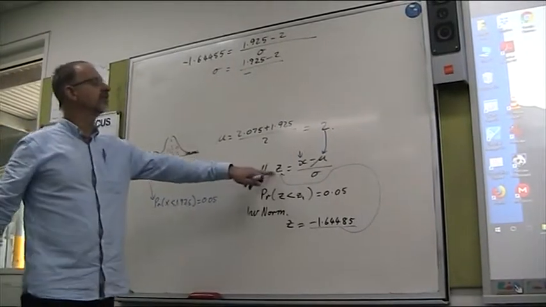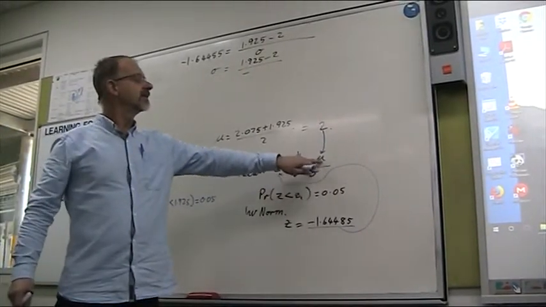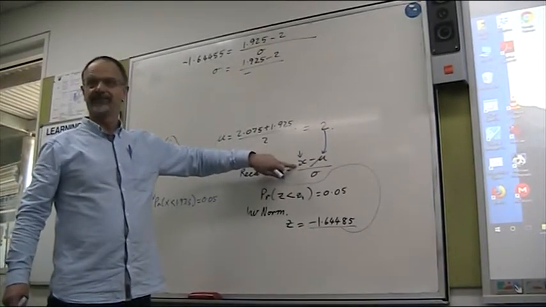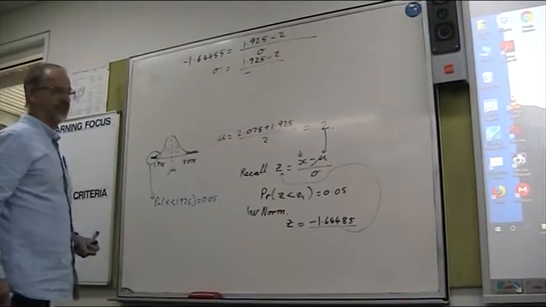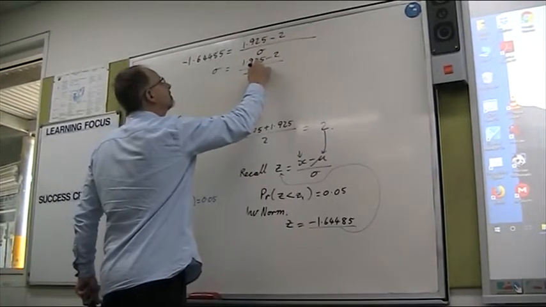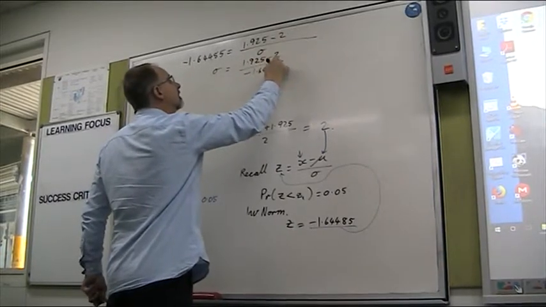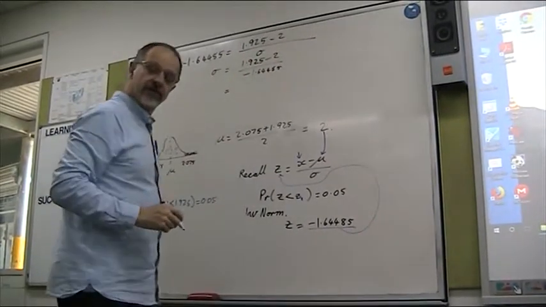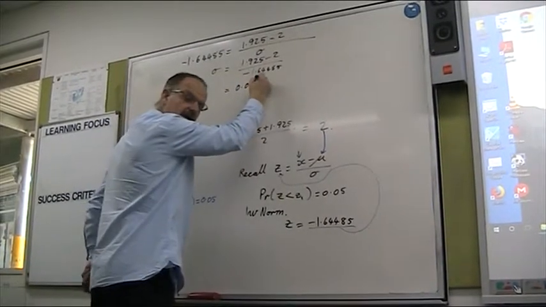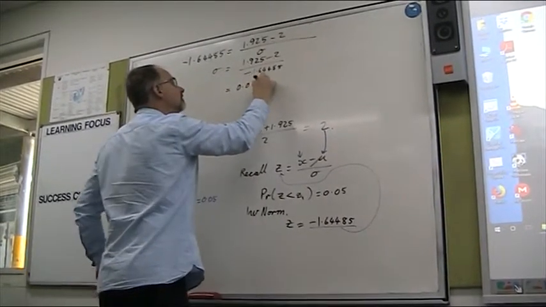So the mean and standard deviation in this conversion factor are those for X. When you do that, you find that the standard deviation of this is 0.0456.